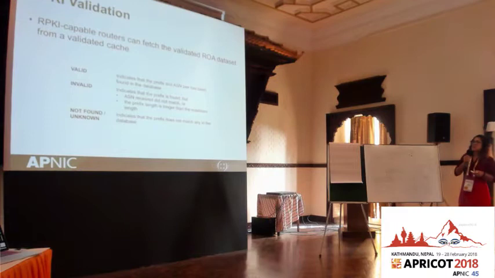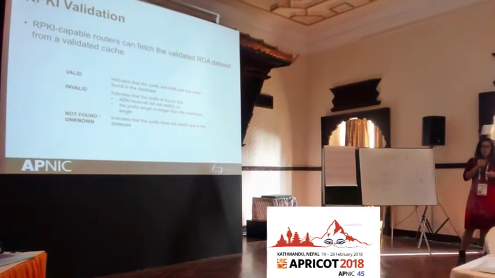And so these are the 3 statuses I was mentioning. Valid, when the router finds in that data set it gets from the RPKI cache information for that prefix, and both the origin AS and the prefix length match. So that's a valid announcement.